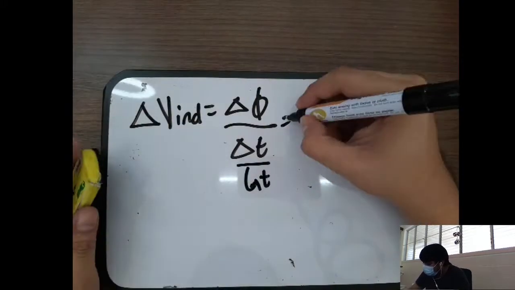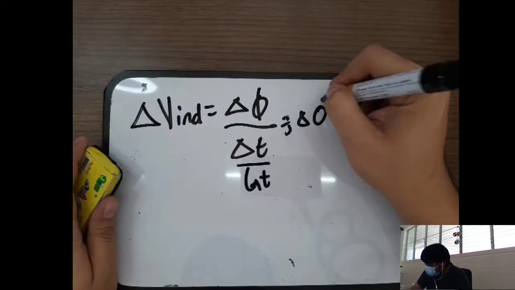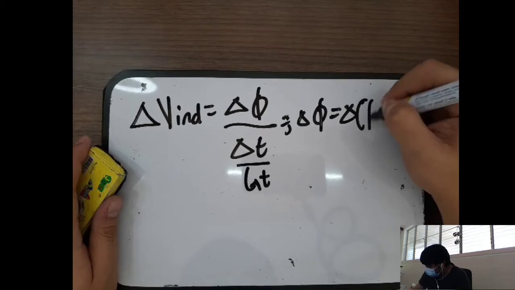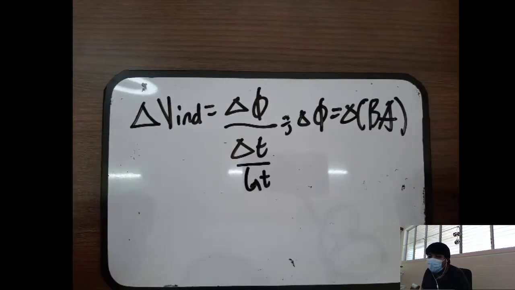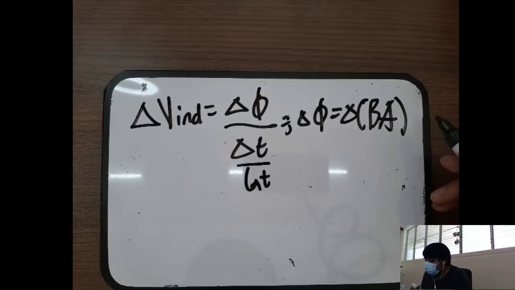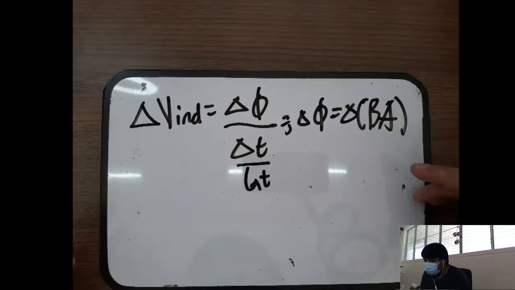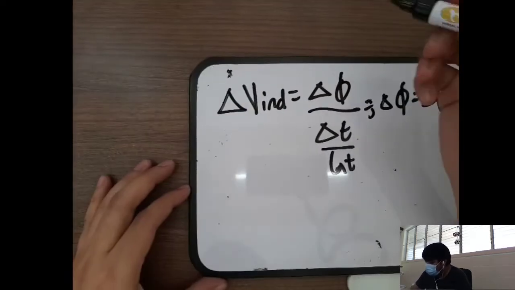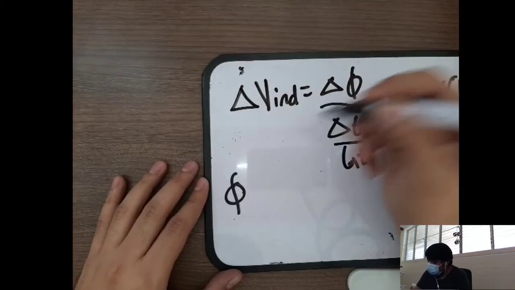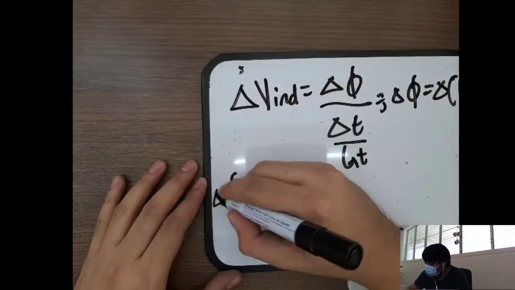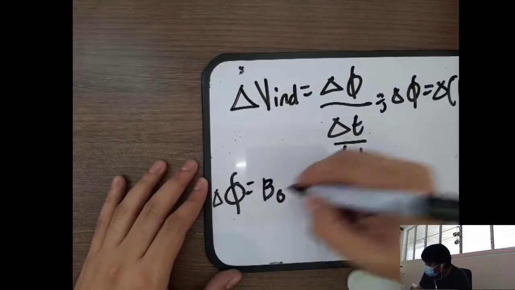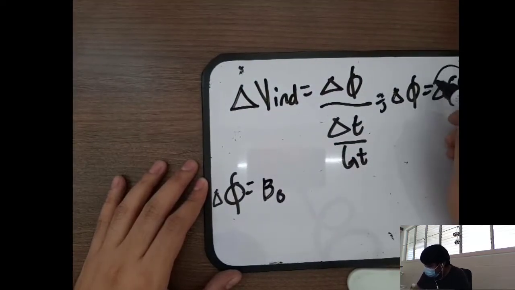And remember that the change in flux is equal also to the change of area or the magnetic field strength, either of which. Okay? Now, since the magnetic field remained constant, the change in magnetic flux is equal to B sub naught delta A, since we take out the magnetic field as it is constant.